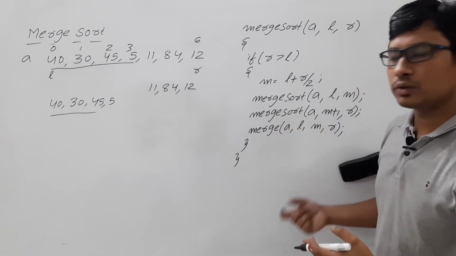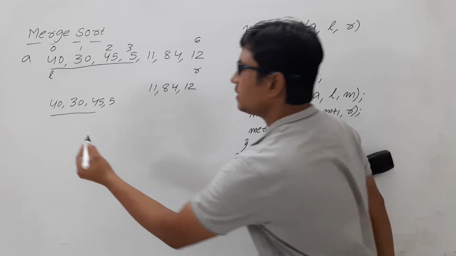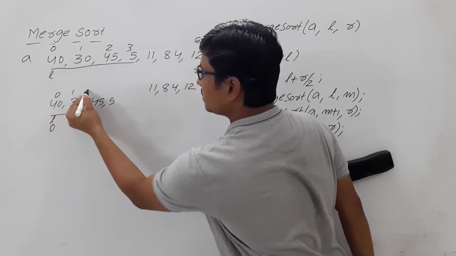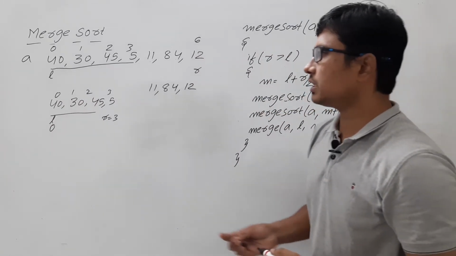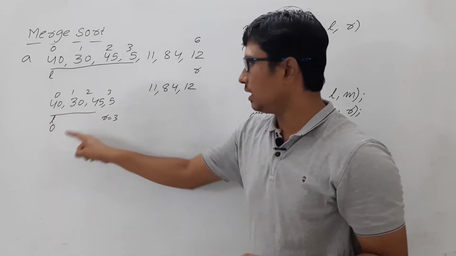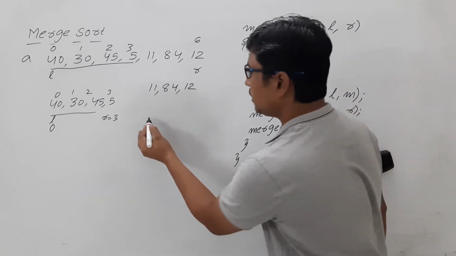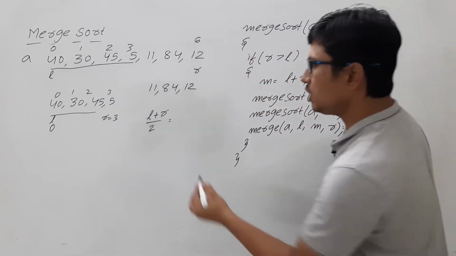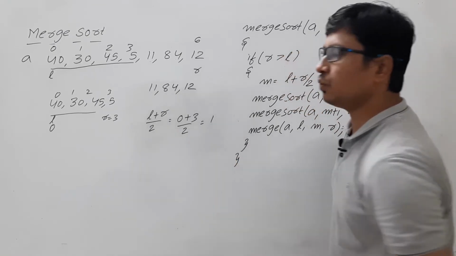Then again you need to call merge sort on this sub array. So now again the L value is equal to 0, and the R value is equal to 3. Are you able to understand? Because the starting index 0 you will initialize to L and the size minus 1 you will initialize to R. Then again you will compute (L plus R) by 2, which is 0 plus 3 by 2, which is equal to 1.